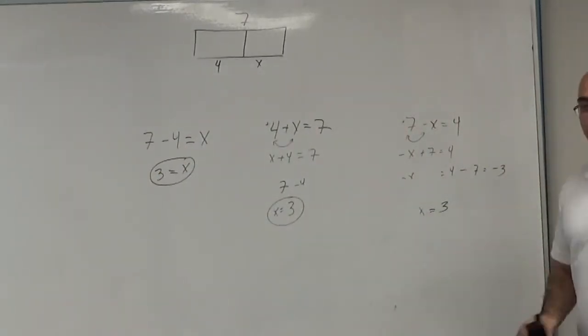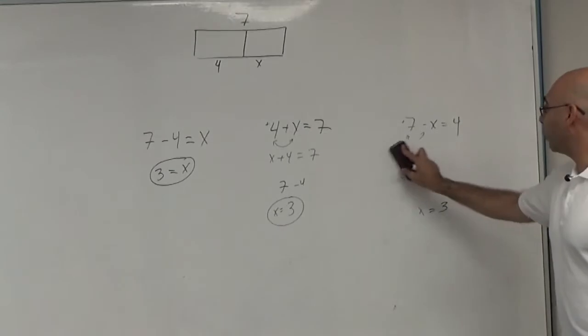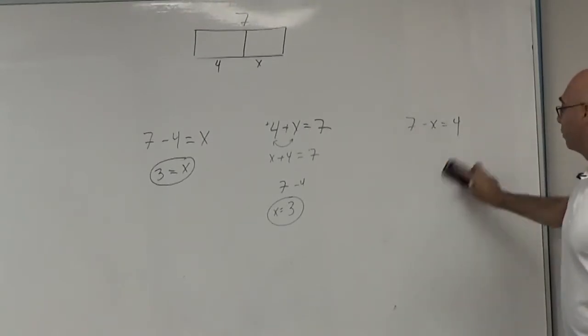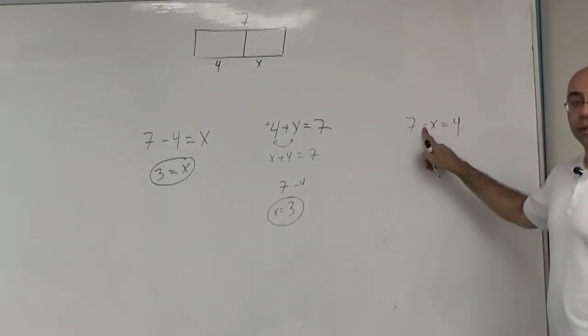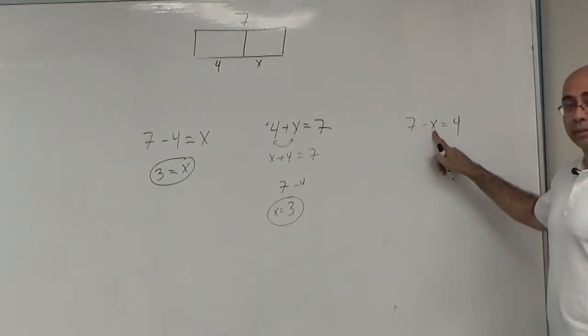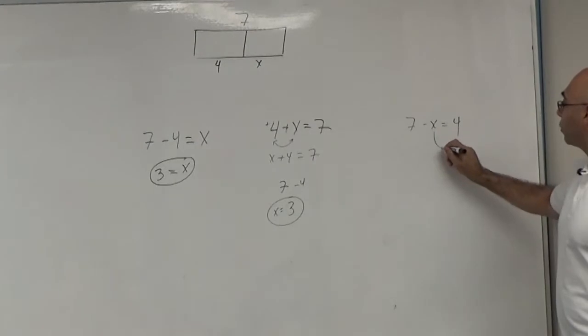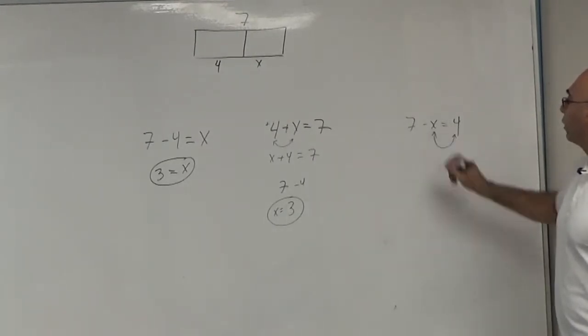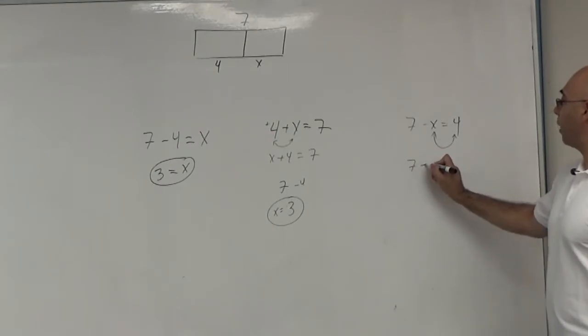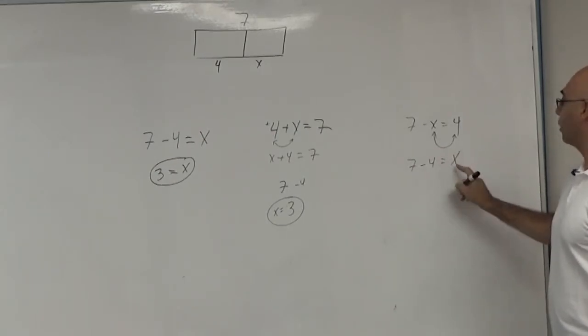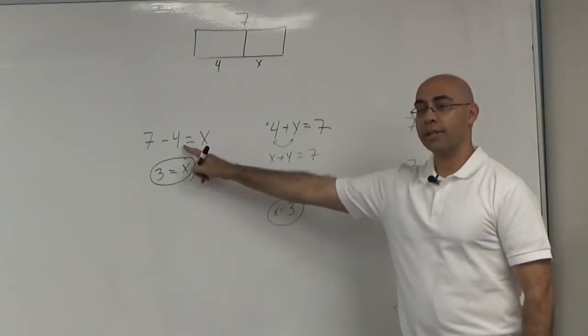So let's not do it this way. This is kind of complicated. So let's just make it nice and simple. Whenever you see something like this, a minus x, what you could easily do is switch that. So this becomes 7 minus 4 equals x, which is what we did right over here, isn't it?